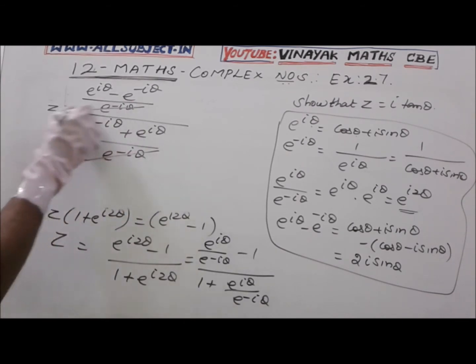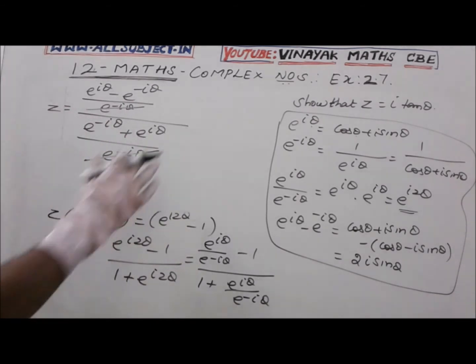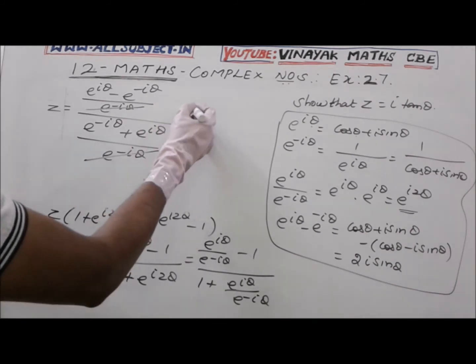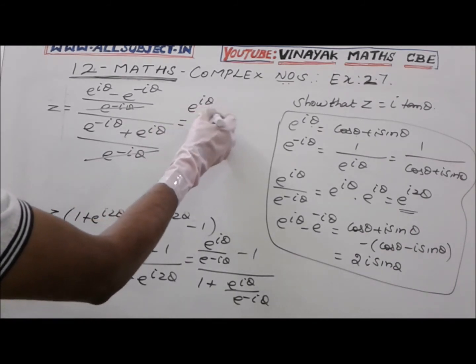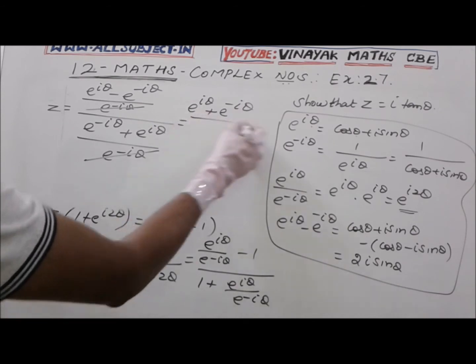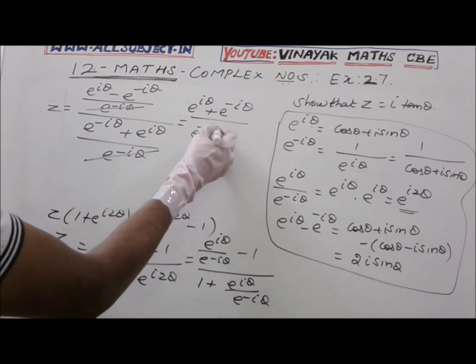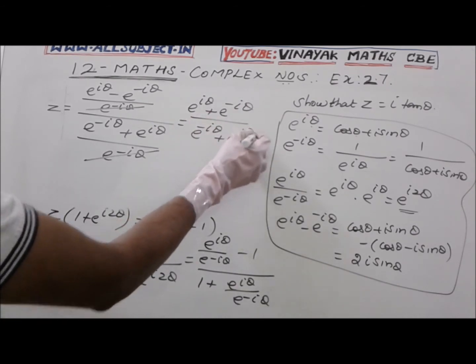This e power minus i theta will get cancelled. Remaining is e power i theta minus e power minus i theta by e power minus i theta plus e power plus i theta.